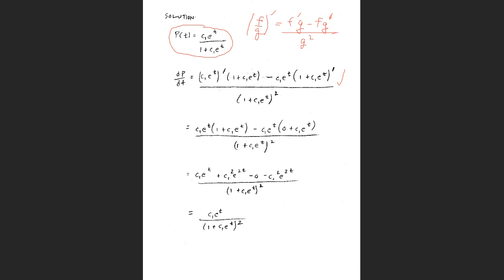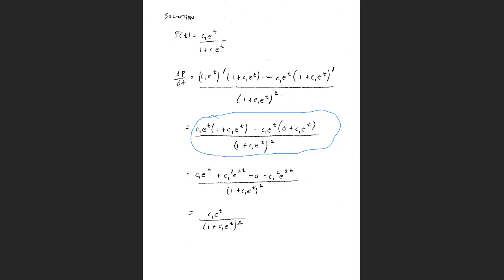Okay, so what I do is I use the quotient rule. And after applying the quotient rule, and I know you know your derivative rules, the question is, will that equal P times 1 minus P?